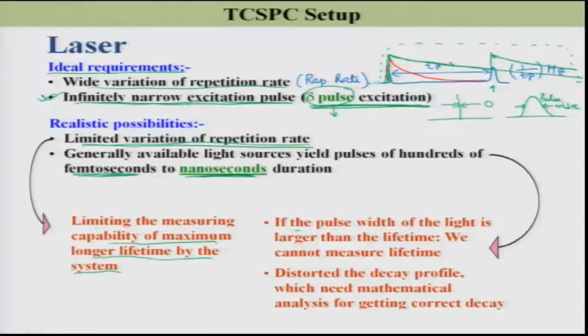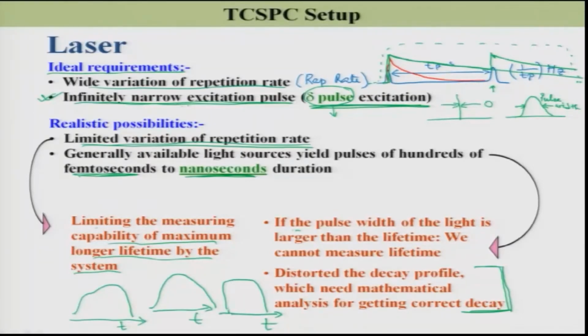Another important point I have written here is that when you have an excitation pulse which is not a delta pulse, it has some shape. It could be a Gaussian shape, or like this, or like this, whatever the shape. Please note that this is on the time axis.